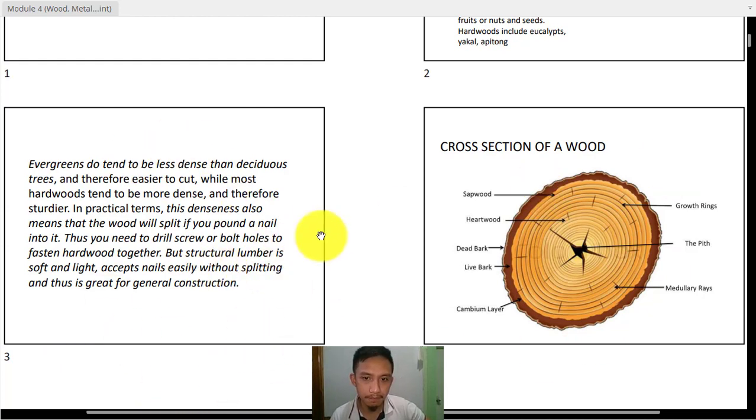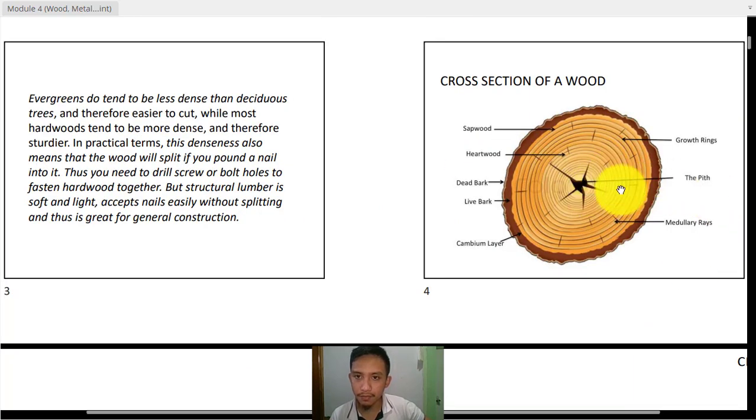This is an example of a cross section of a wood. We have here the pith, the medullary rays, the growth rings or annual rings, the sapwood, the heartwood, the dead bark, the live bark, and then the cambium layer.